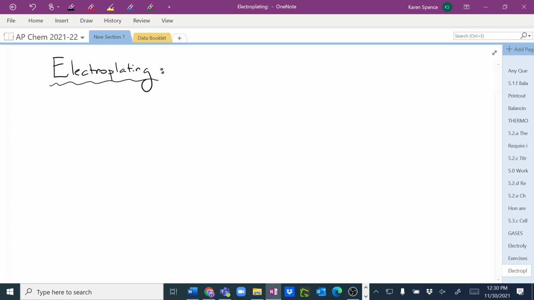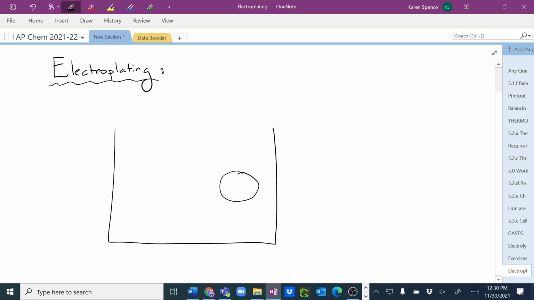In essence, what you need is a beaker and something you want to electroplate. So let's say we have a nickel, and we would like to electroplate it with gold. Yes, I want a gold-plated nickel.